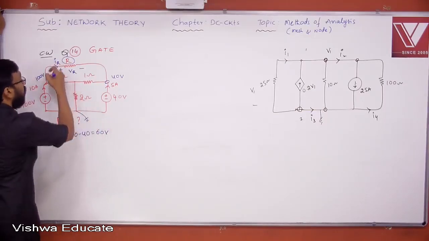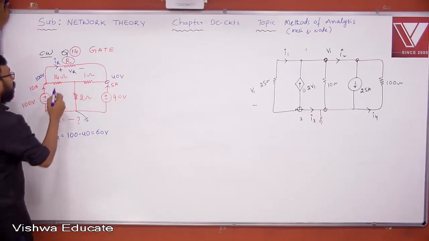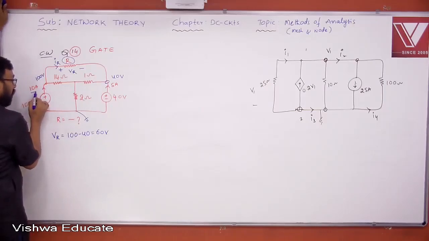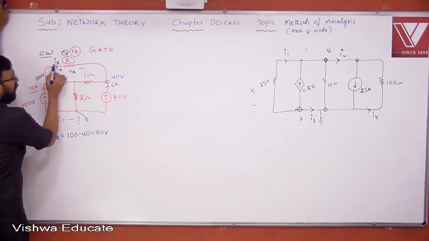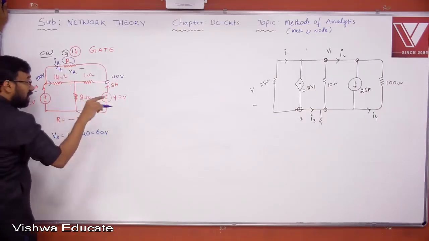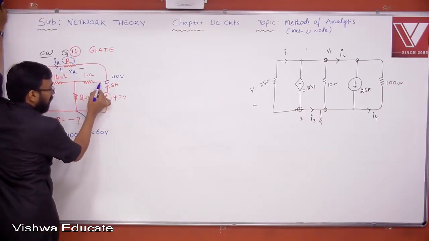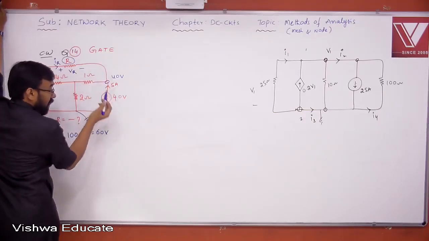Now the only thing you need to find is the current. Remember all of you here, to find this current, since the current is already given here, if you know the current here, you can find the current here. Yes or no?